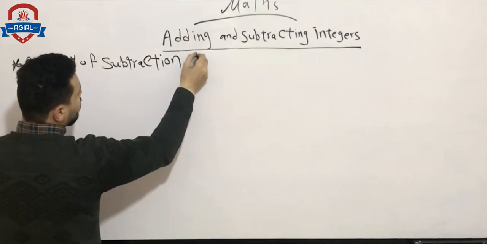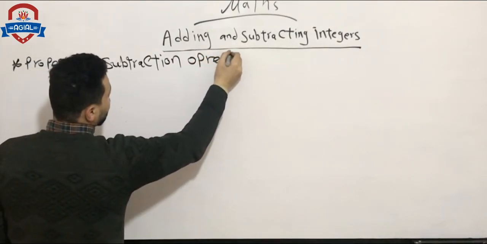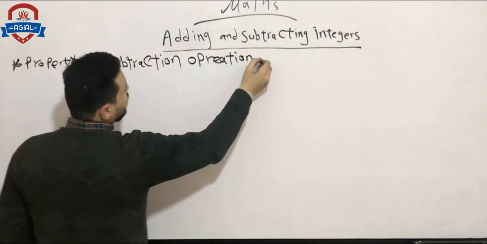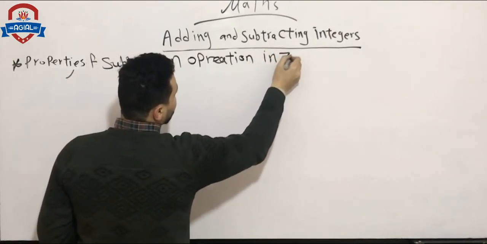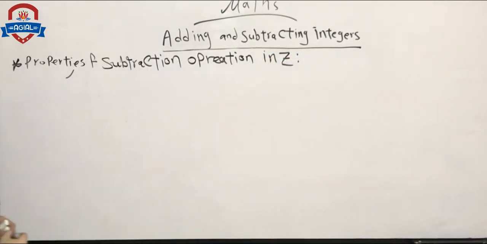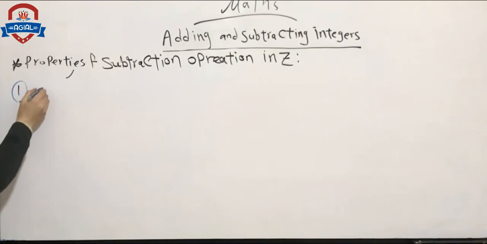Operation in Z. The first property is the closure property.